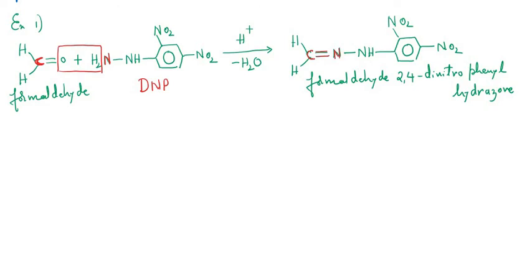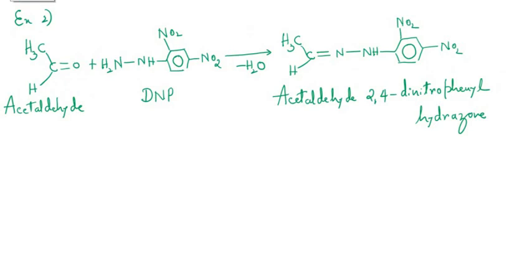Is it clear, students? So the corresponding compound is formaldehyde 2,4-dinitrophenyl hydrazone. In the second example, I have taken acetaldehyde. When acetaldehyde reacts with DNP, it loses a molecule of water, and that is written here, and the remaining product is acetaldehyde 2,4-dinitrophenyl hydrazone.